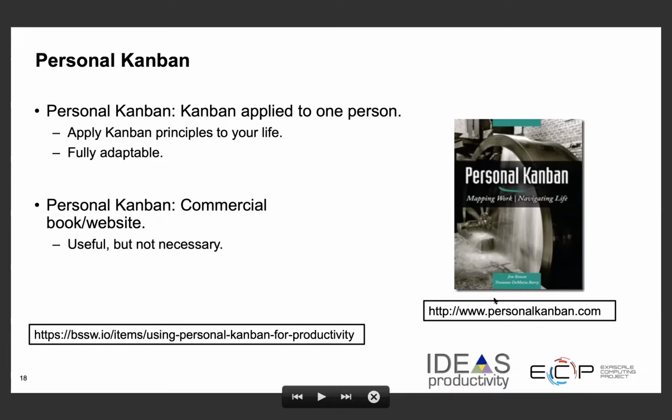Also, at this point, I want to reference the Better Scientific Software website, that is the bssw.io website, which has a lot of articles on individual productivity, team productivity, using Kanban for productivity, and so on. So definitely, there are good books out there, and good websites like BSSW.